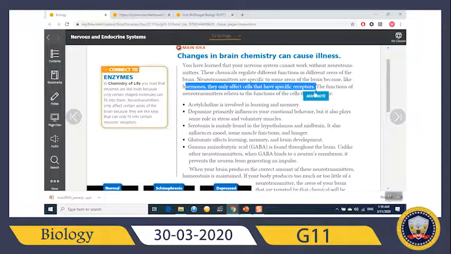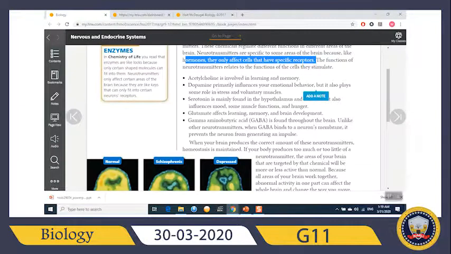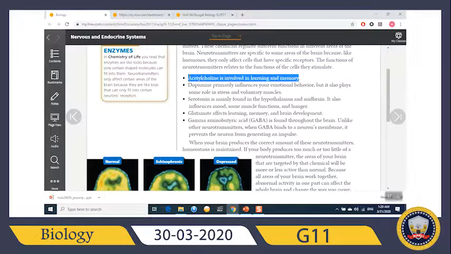So let's take a few examples, like acetylcholine. Acetylcholine is involved in learning and memory.